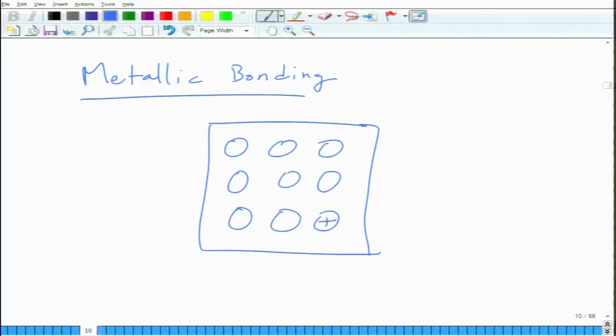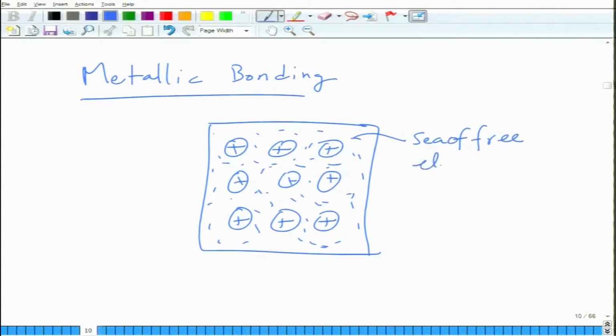So, positive cores are left behind, and these are surrounded by zillions of electrons, which are basically the valence unpaired electrons. So, this is, you can say, a sea of free electrons.